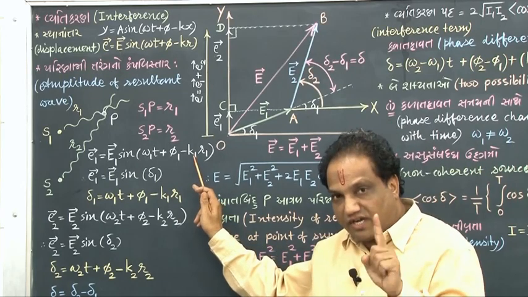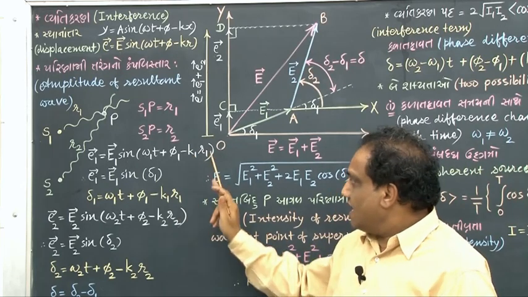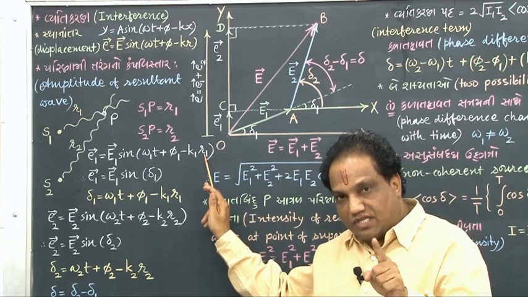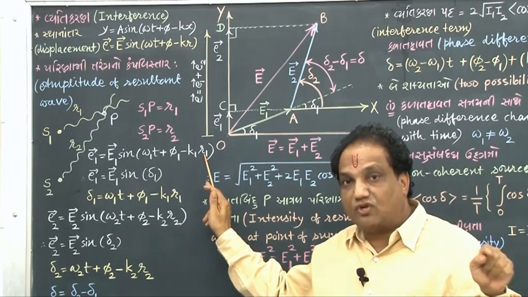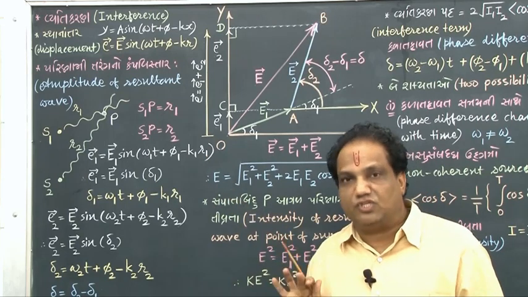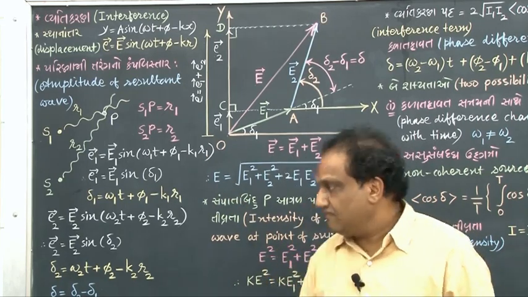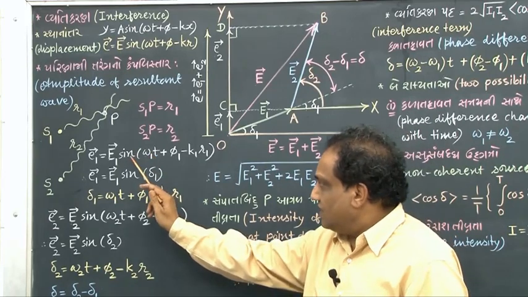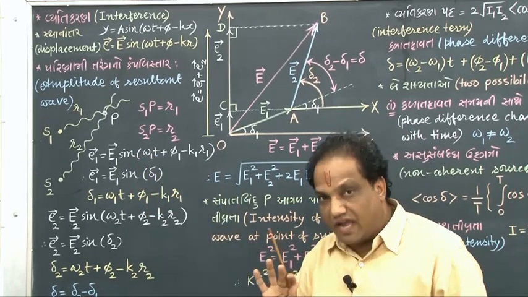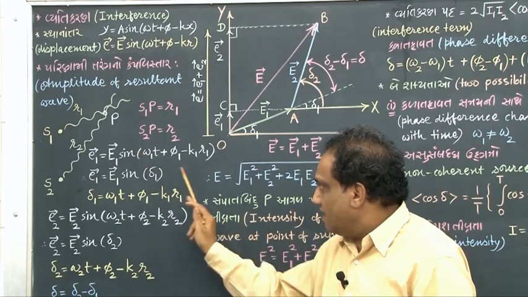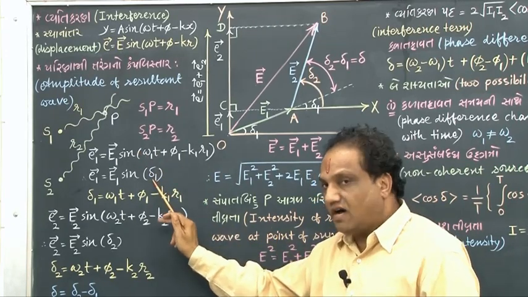This is wave vector of first wave, and this is distance of considered point on the direction of propagation of first wave from the source of first wave. Correct? Fine. Now, with this sine function, the bracketed part indicates some sort of angle, and that angle I am going to show by symbol delta 1.